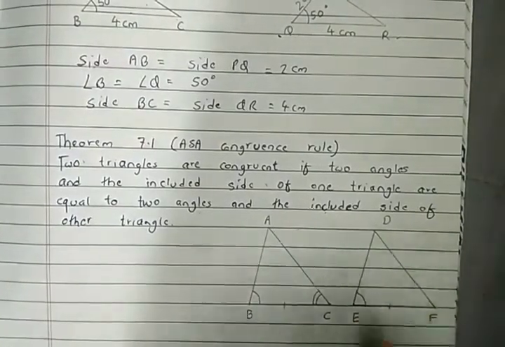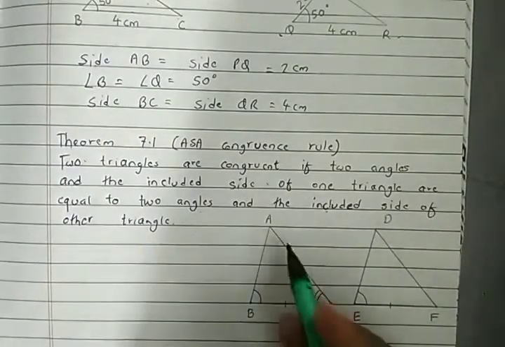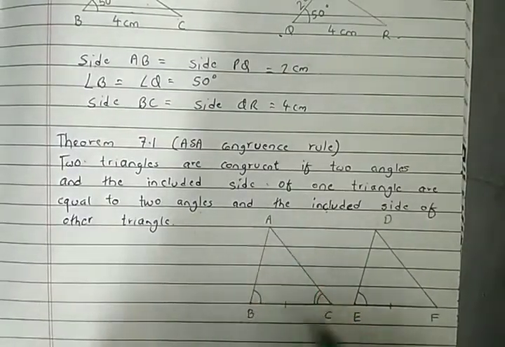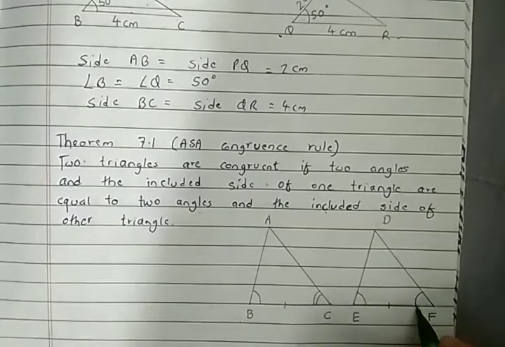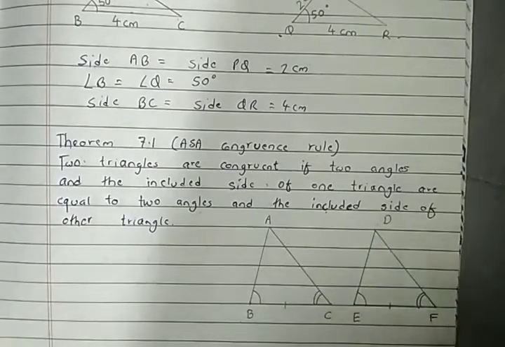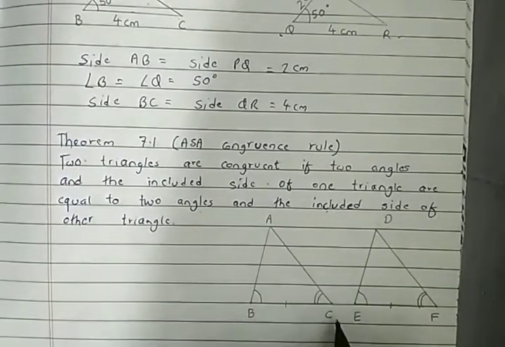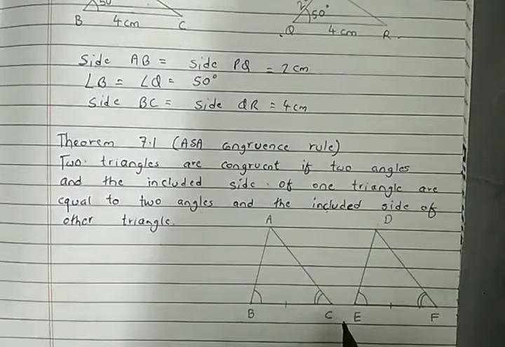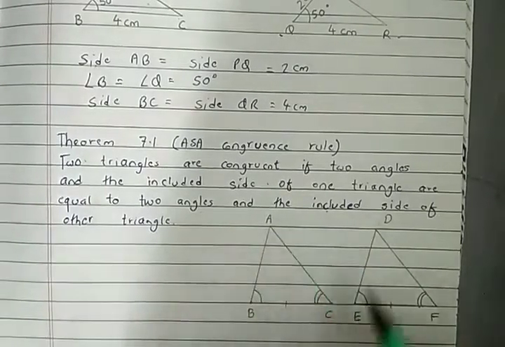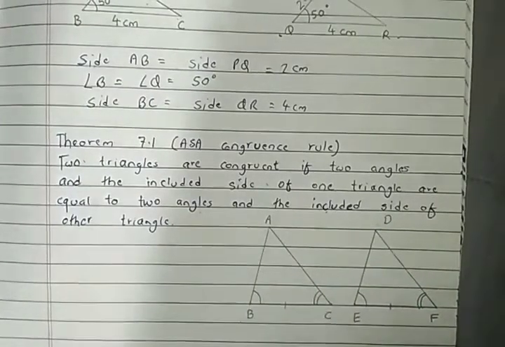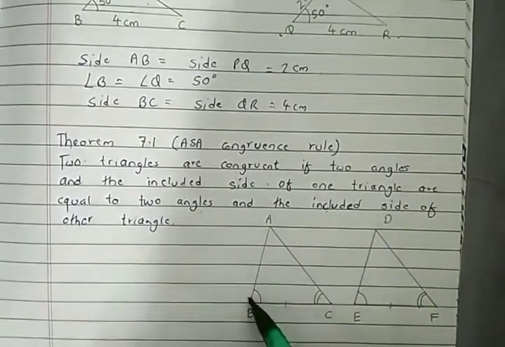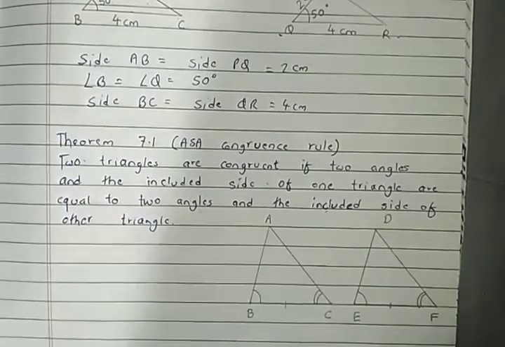Both are different triangles, and angle C of triangle ABC is equal to angle F of triangle DEF, right? And the included side, for example side BC, is equal to side EF. So you can say that these both triangles are congruent by which theorem? Angle, side, angle theorem, right?